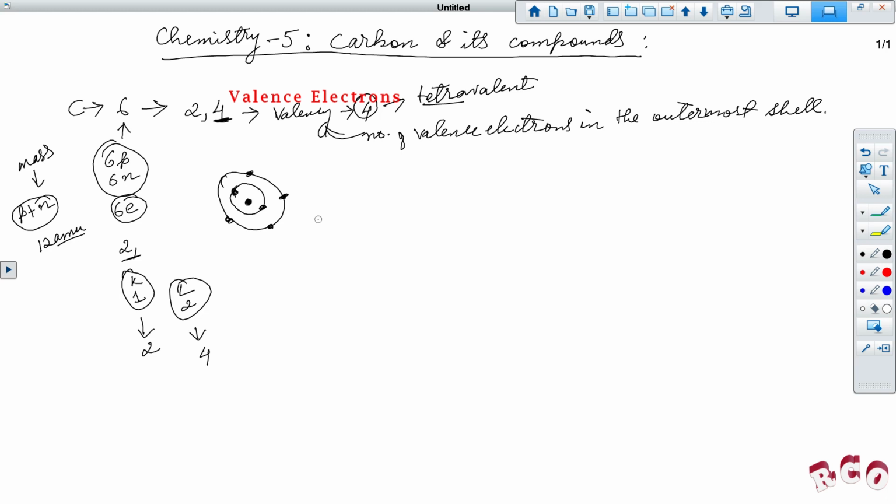So we have discussed this. Let me take up why carbon is so important. Why is carbon so important for us to study?